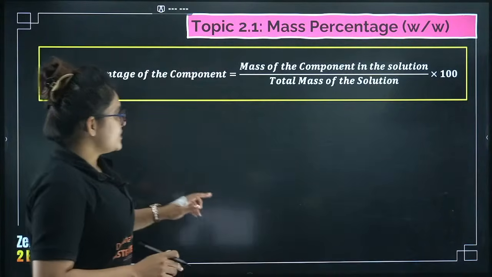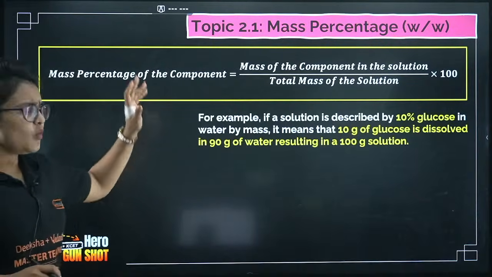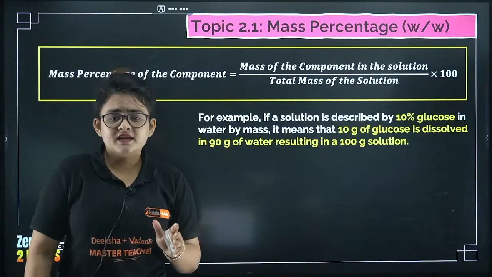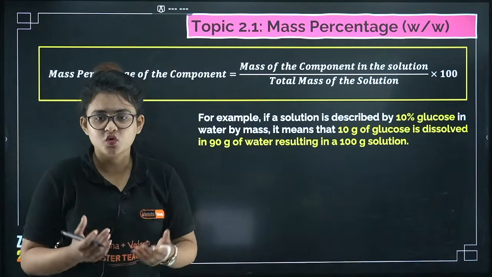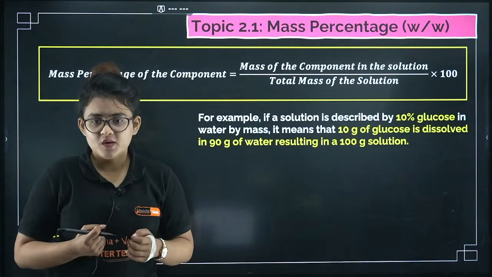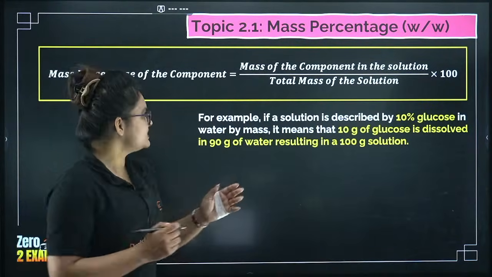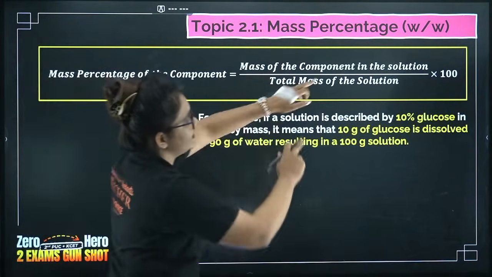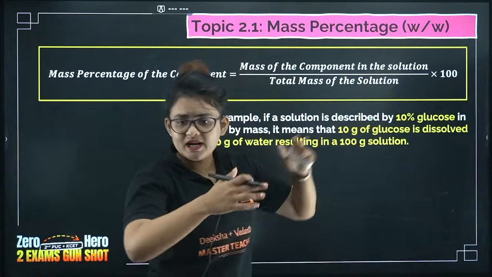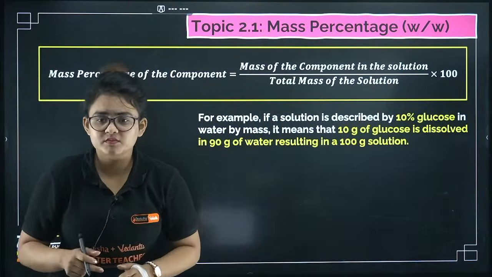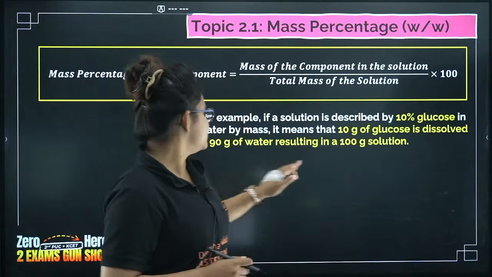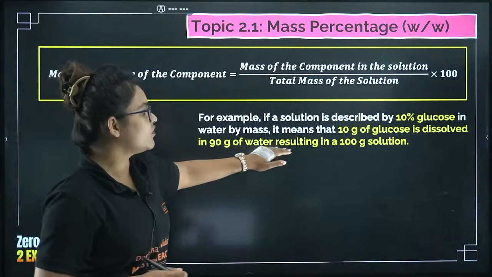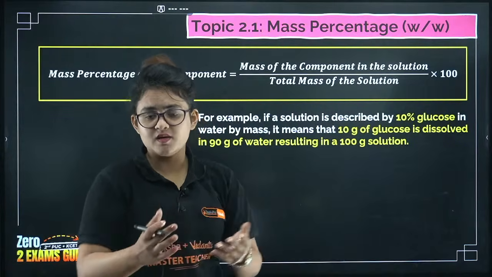Okay, so let's proceed. What does it mean actually? If a solution is described as 10% glucose in water by mass, then here it is written something like percentage W by W, like 10% in bracket W by W. Okay, so here you can say that 10 gram glucose is dissolved in 90 gram of water, resulting in 100 gram of solution.